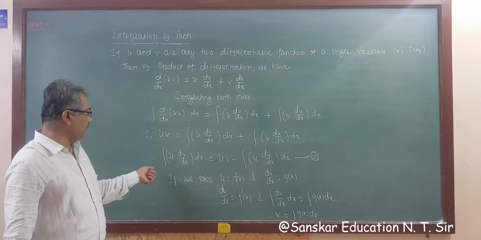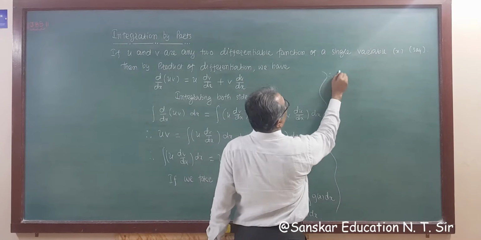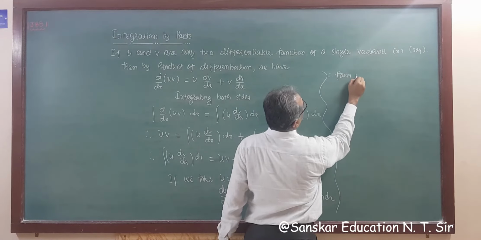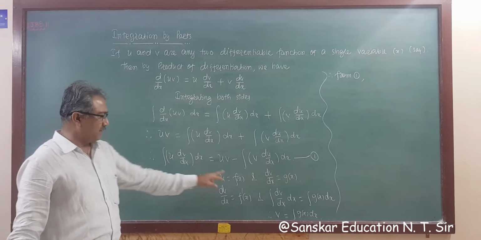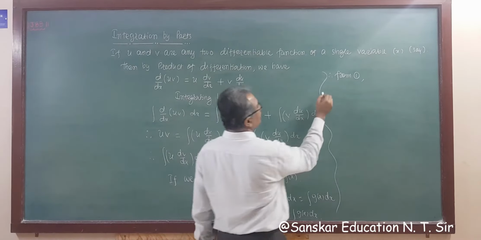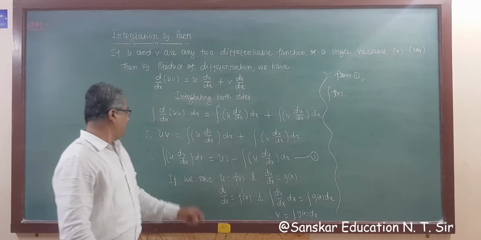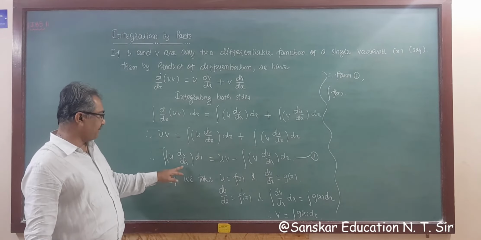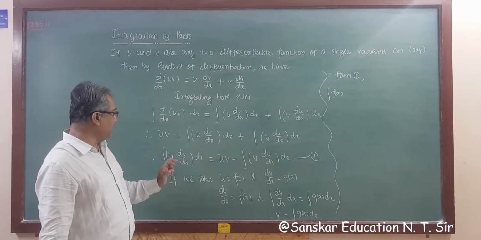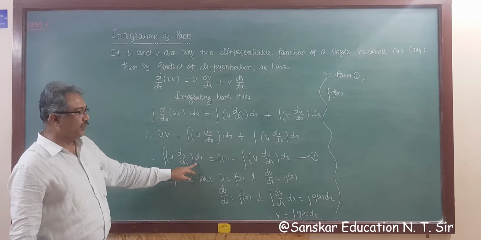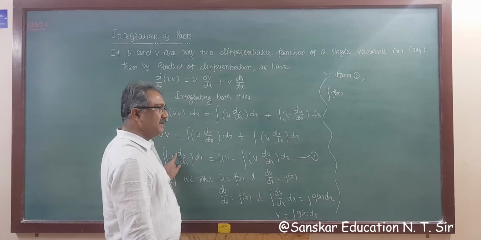Then substituting the values in 1, we get integration of u dv/dx dx, where u is f(x) and dv/dx into dx is g(x), because this is integration, right?